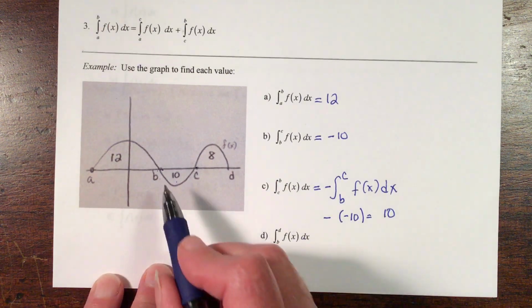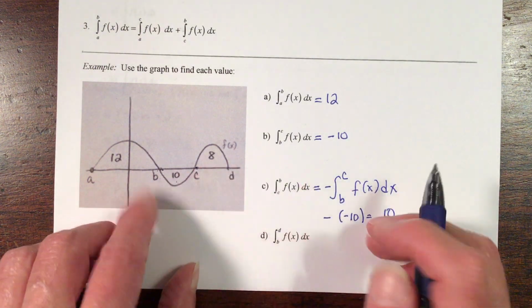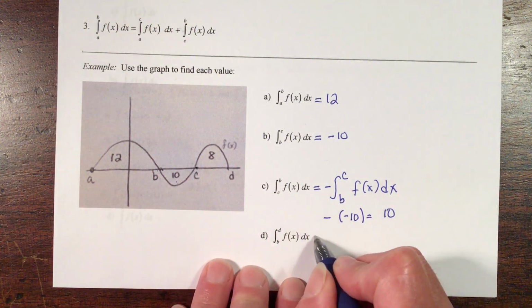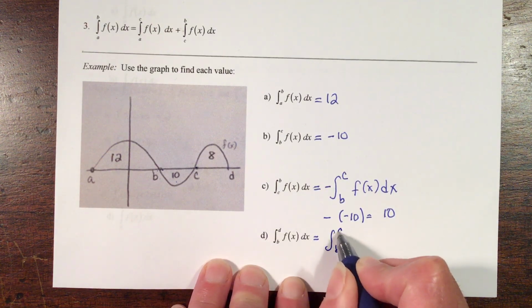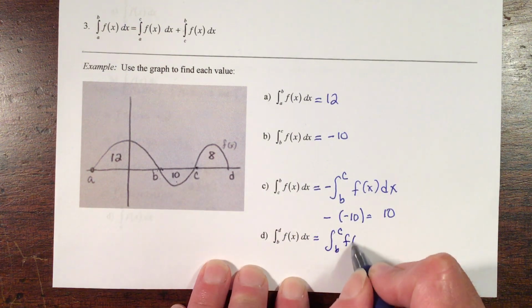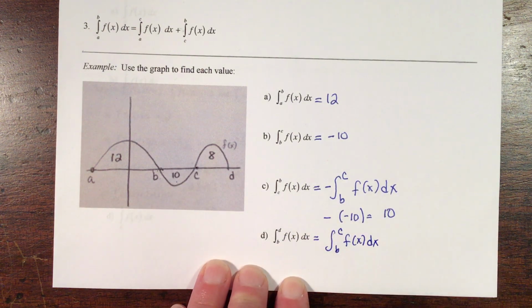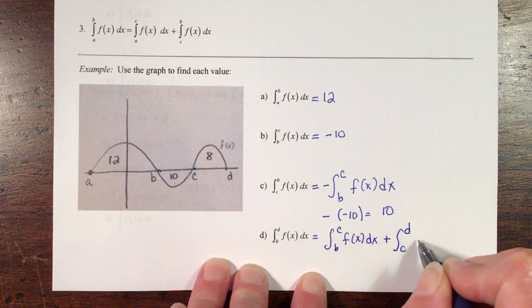And lastly, from b to d. So now I have two pieces, two separate pieces. I'm going to show you how you would write this in the proper notation. However, I know you can do this in your head. The first piece is b to c. And then we would go from c to d.